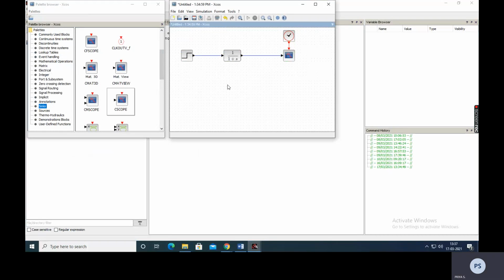That's all. So unit step function, see that step function simulation. So you can have everything in detail. If you want, you can click this block.